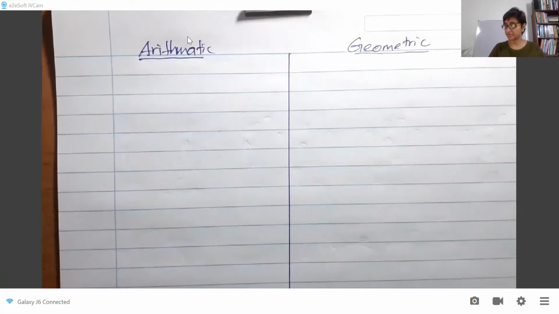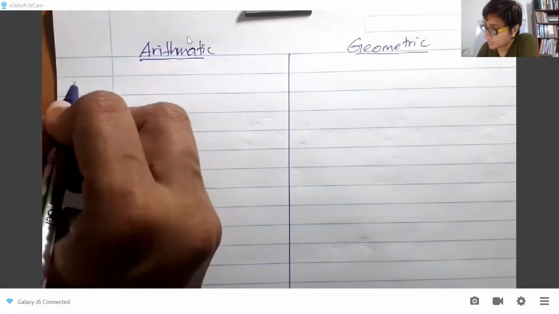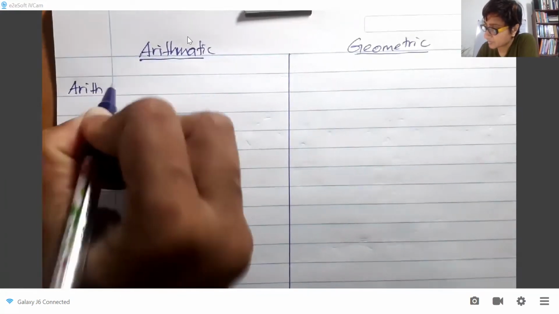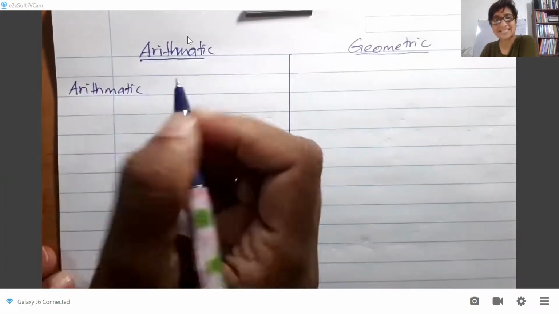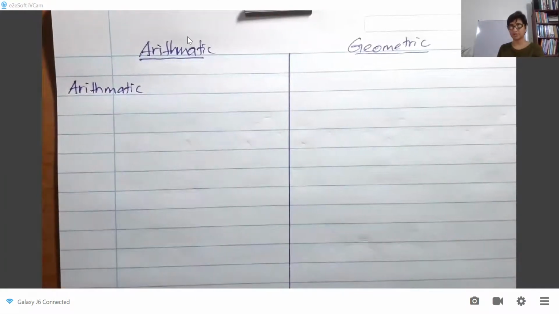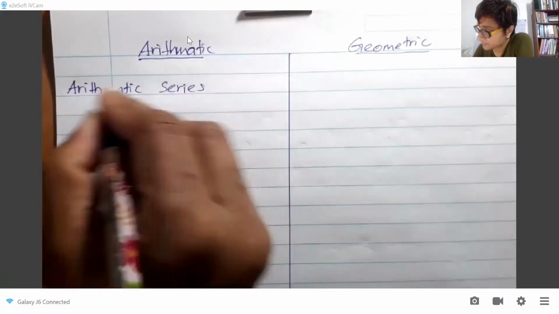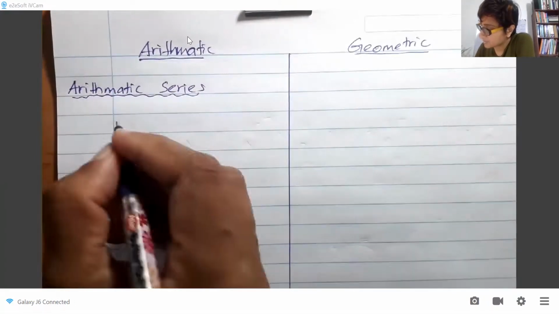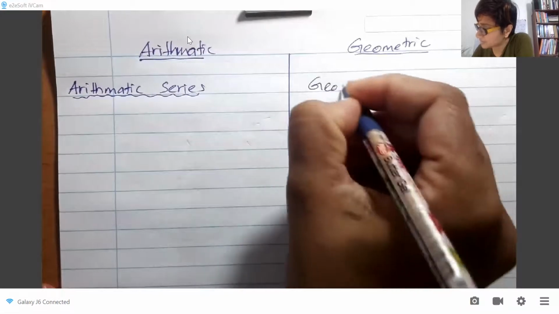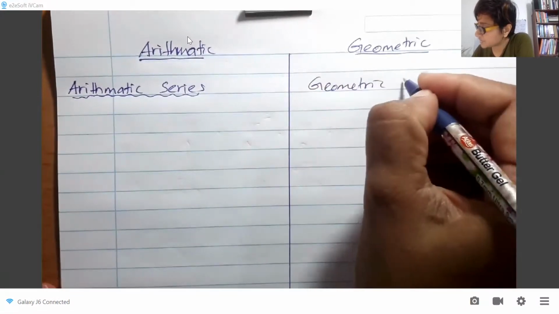And then the subtopic, arithmetic series. That means we are now going to think about what happens when you add the terms. Is there a formula that we can use to find the sum of any number of terms that we want? Arithmetic series. Here, geometric series.